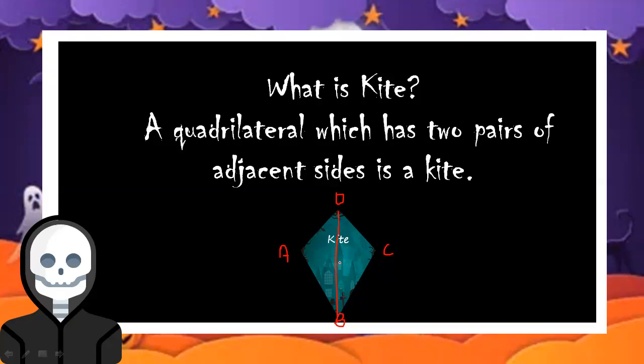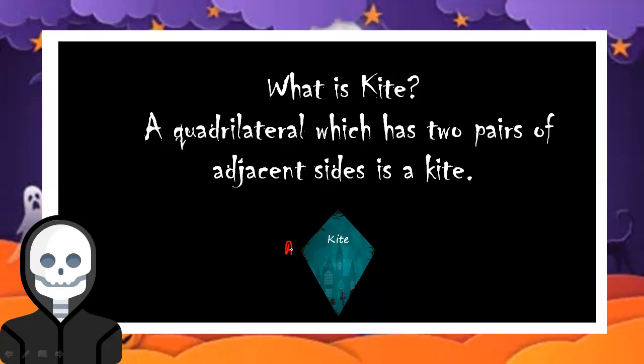It starts from B and ends at D, and it bisects, which means it divides the angle into equal measures, and those angles are B and D.